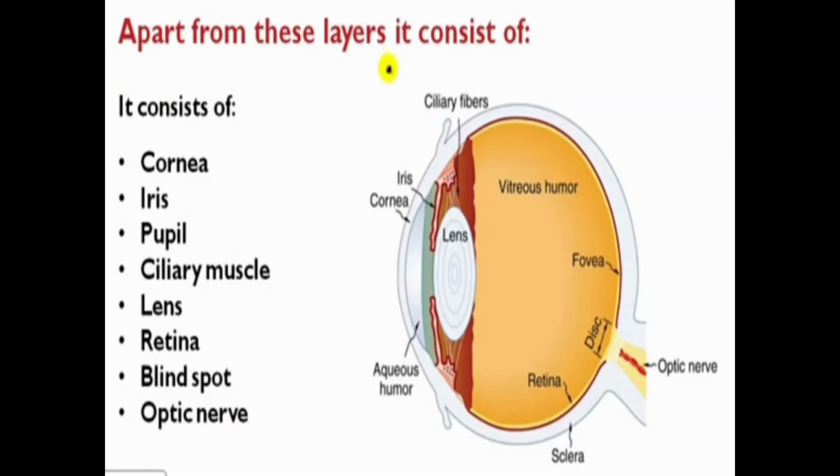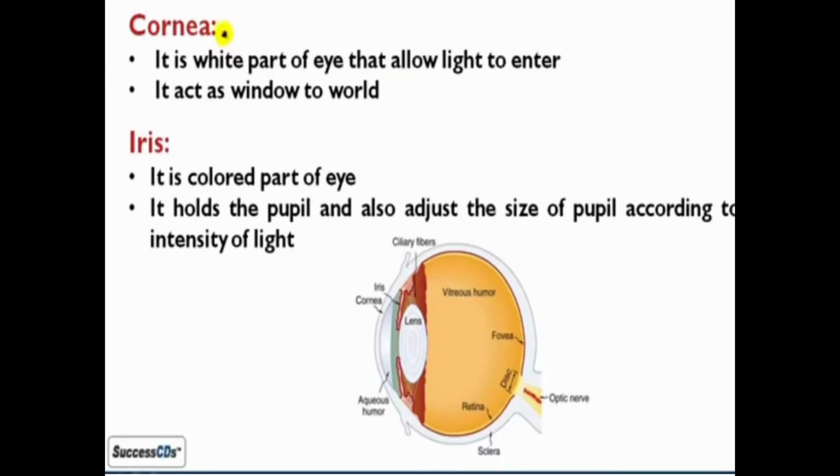Now apart from these two layers, the human eye consists of cornea, iris, pupil, ciliary muscles, lens, retina, blind spot and optic nerve. So we will study each of them in detail. First is the cornea.